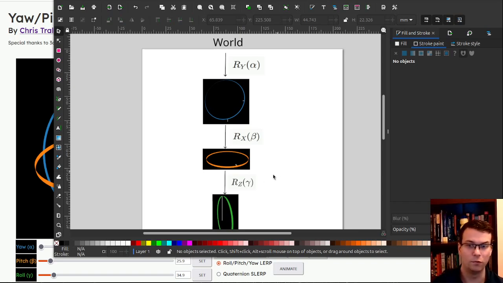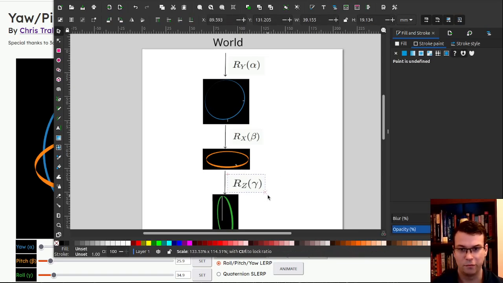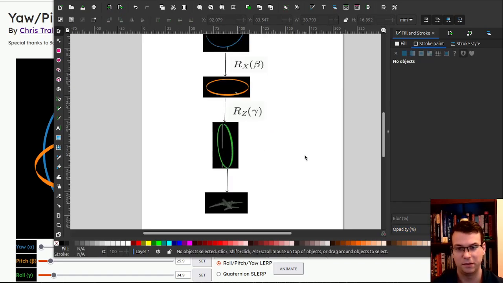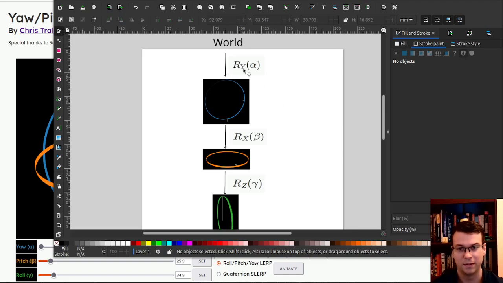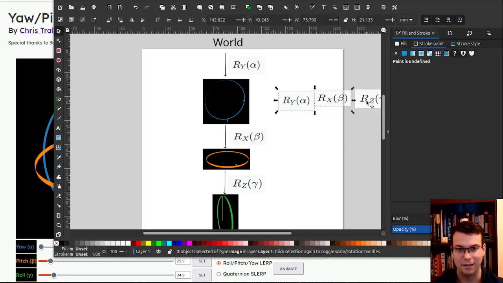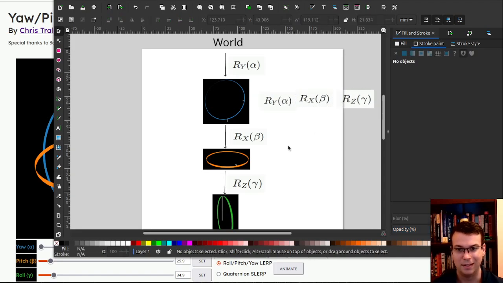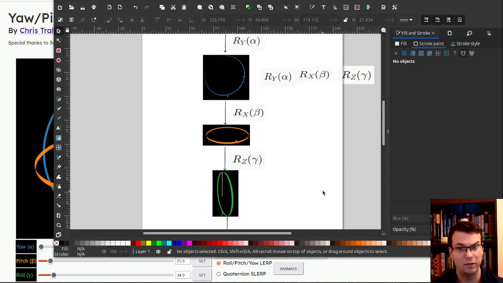So if you remember our rules for scene graphs, we go from the top to the bottom. And the transformation that takes us from the bottom to world coordinates is just stacking these matrices next to each other, going from top to bottom. So start at world coordinates, I go Ry, Rx, Rz. And it's that multiplication that will take me from the local coordinates in this green ring to world coordinates.